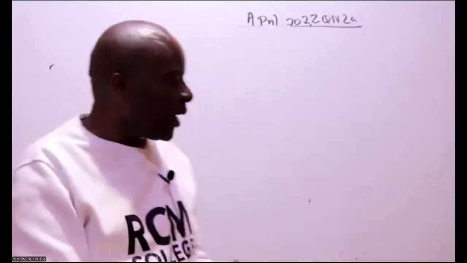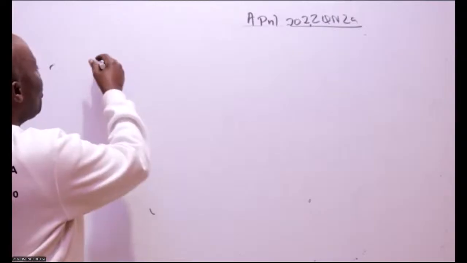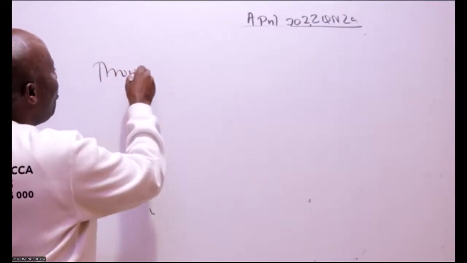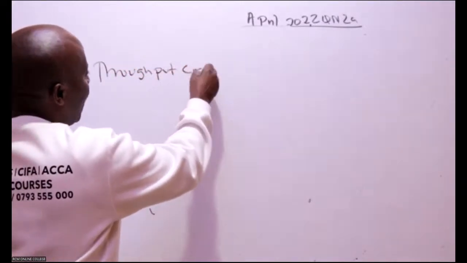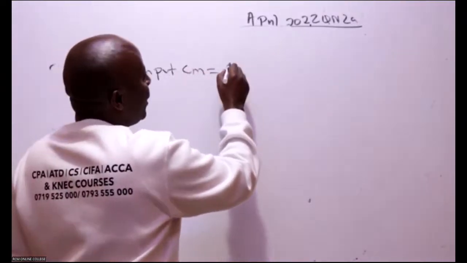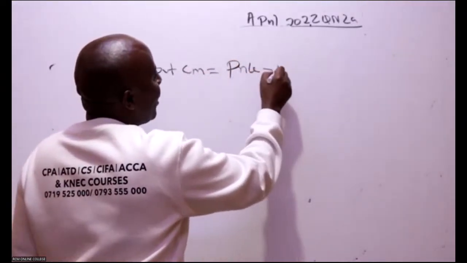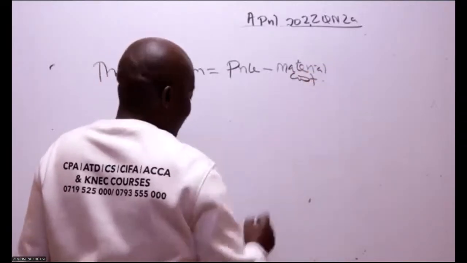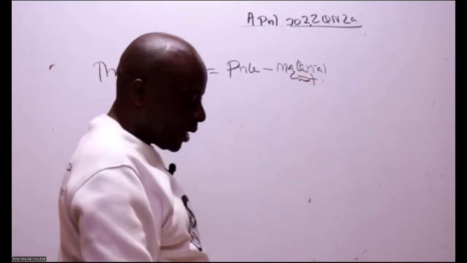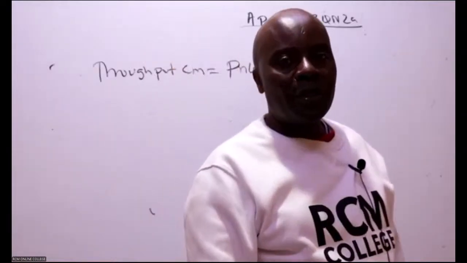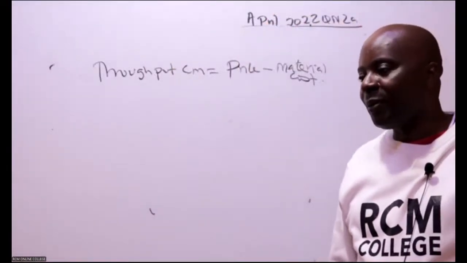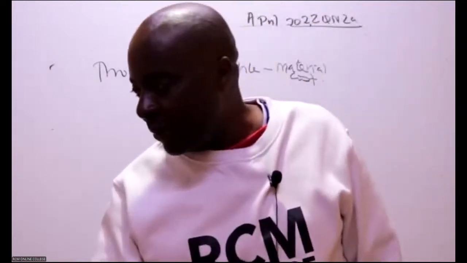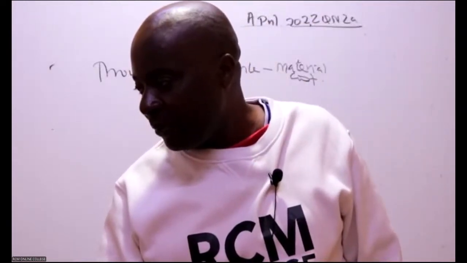So that is why under throughput we have what we call throughput contribution margin. To get throughput contribution margin, you take price minus material cost. Can somebody explain to me why I am only subtracting material cost?